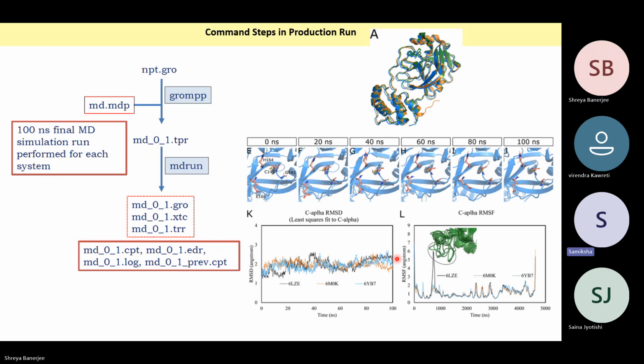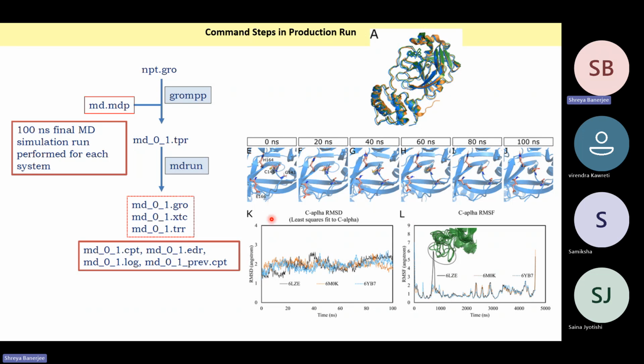Ma'am, is it about all the C alpha atoms or specified C alpha atoms? It will be all the C alpha atoms, not one particular. If you want C alpha, it will calculate for the C alpha of all the amino acids.